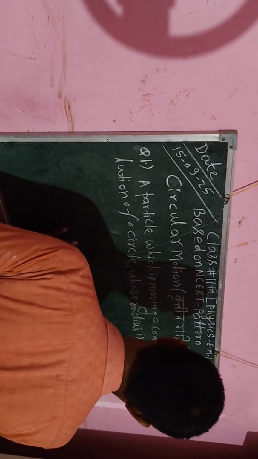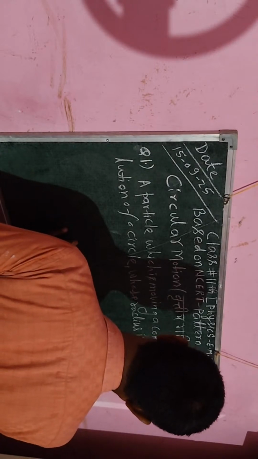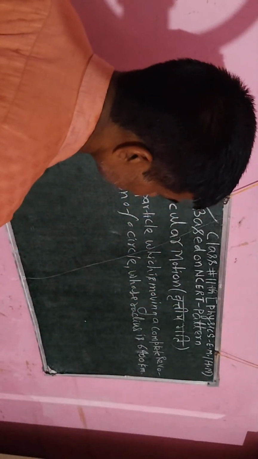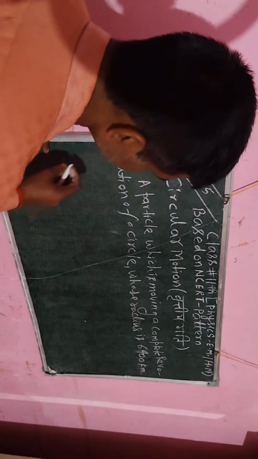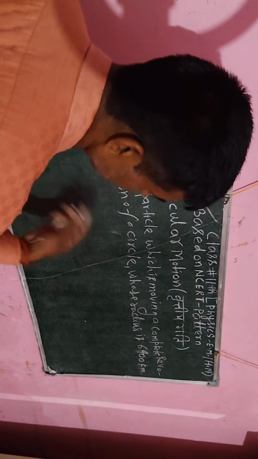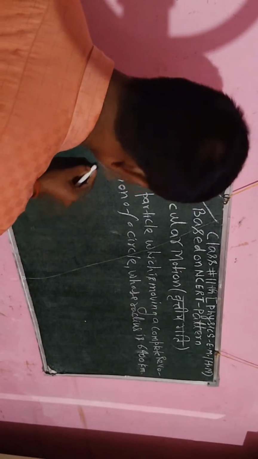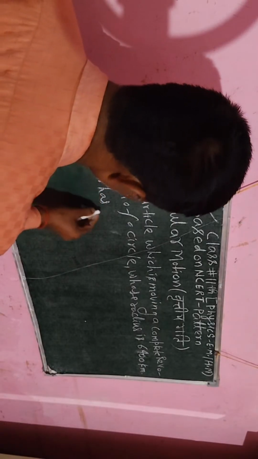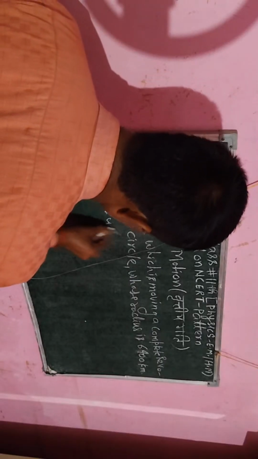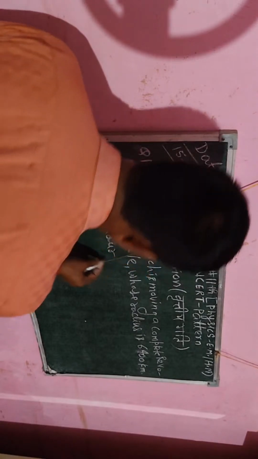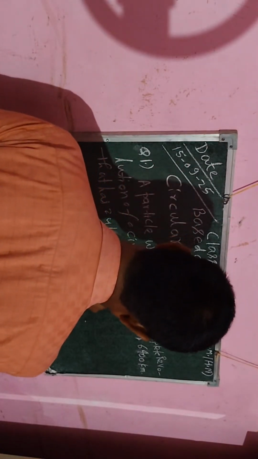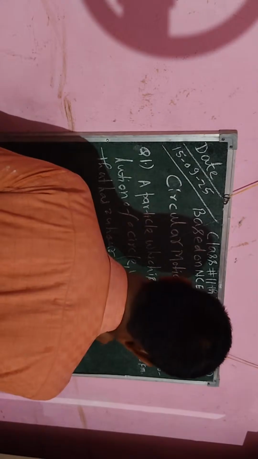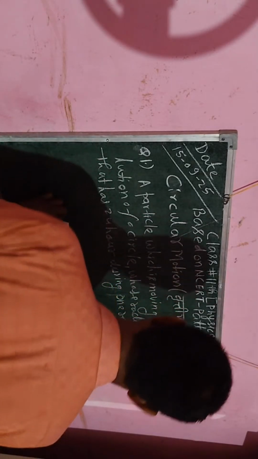6400 kilometer, and a complete revolution has 24 hours during one revolution.